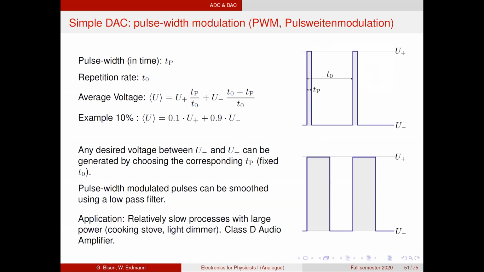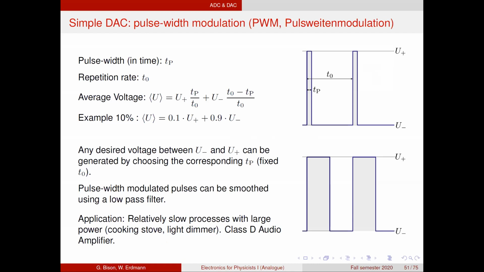Pulse width modulation is used in many very different processes, typically if you have large power, because switching on and off, for example, a stove or a light, can be done very efficiently, either with a mechanical relay or with a field effect transistor.